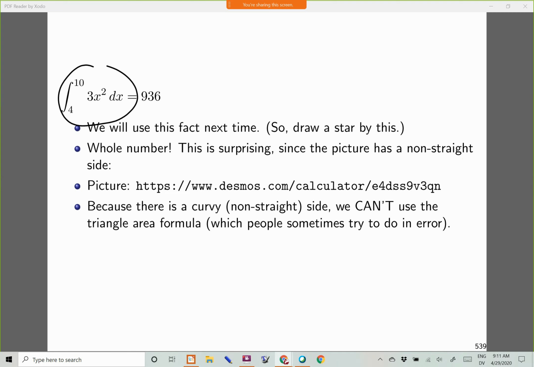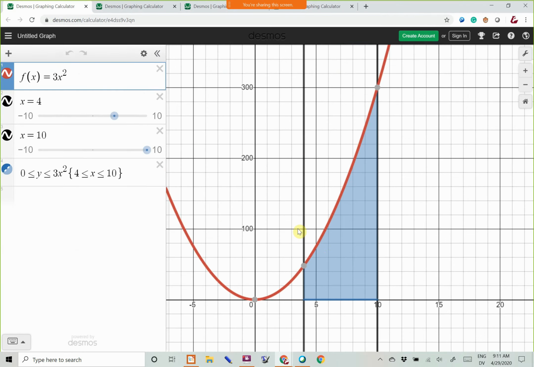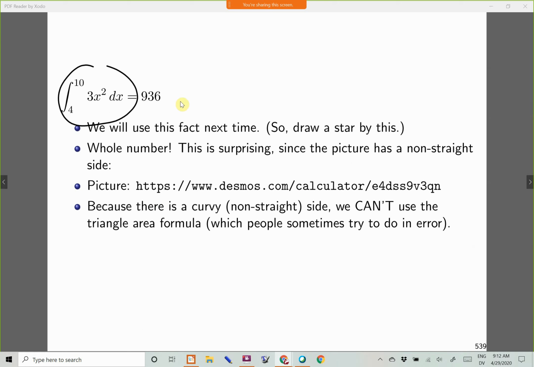That's the strange thing about what we just did. The most surprising thing is that even though there's a curvy side, this top side is not straight. It's part of a parabola. The exact area, literally the exact area of what's shown in blue, I didn't expect it to be a whole number, but it is. It's literally exactly 936 square units.